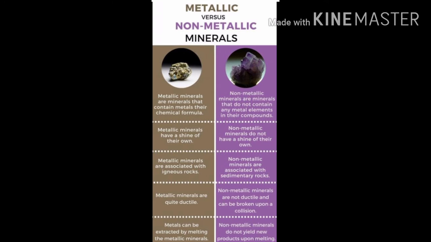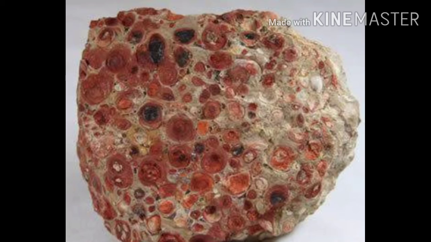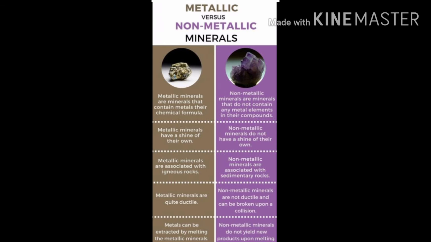For example, if you want to know which minerals are used for obtaining different metals, it can be iron, bauxite, etc. Now let's study about non-metallic minerals. Non-metallic minerals are minerals that do not contain any metal elements in their compounds.